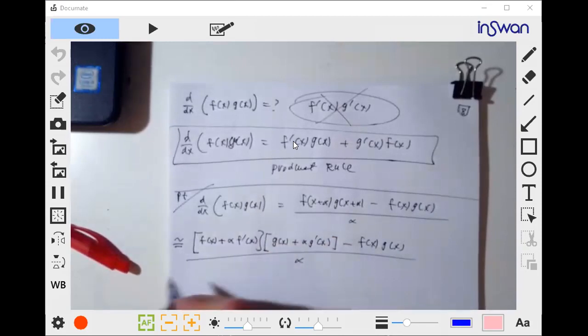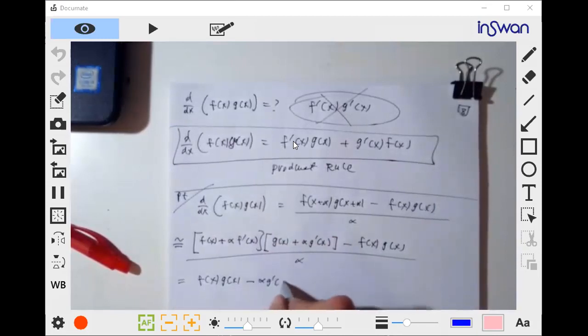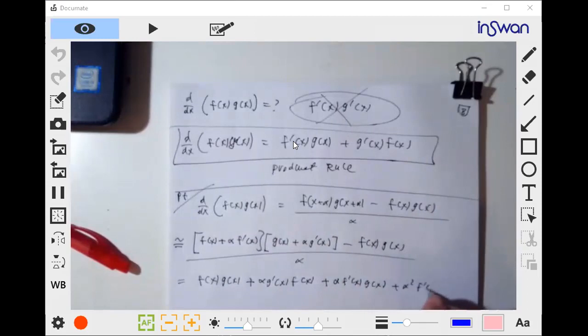Okay. So then notice that this equals f of x, g of x, plus alpha g prime of x, f of x, plus alpha f prime of x, g of x, plus alpha squared f prime of x, g prime of x, minus this f of x, g of x term, everything divided by alpha.